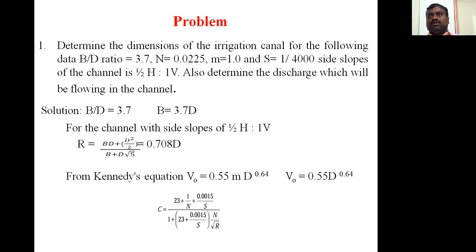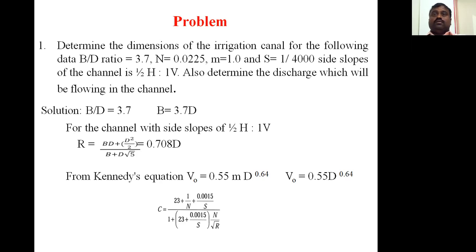So in the given problem, it is required to calculate the channel dimensions, that is the value of width of channel B and depth of flow D, along with the rate of discharge Q value.